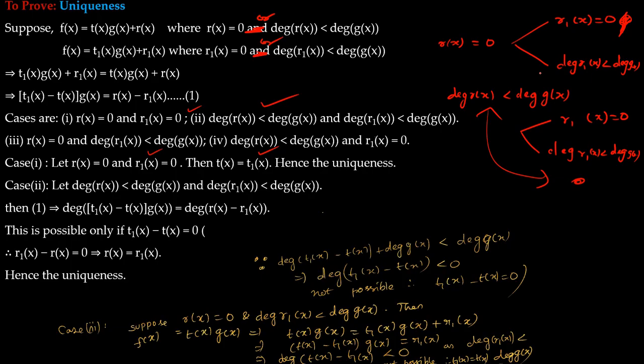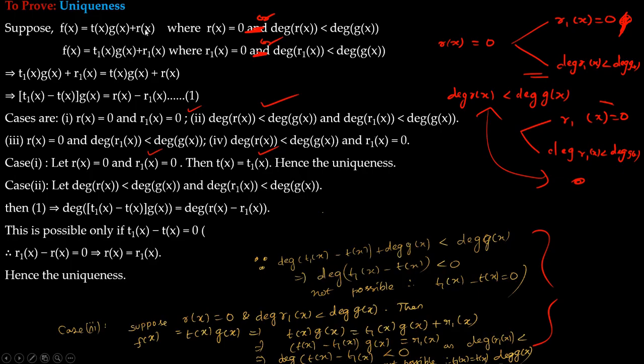Here, for this case, we have got the explanation here. Right. Now all the cases are given in this place. Now we will consider R of x = 0, first case.